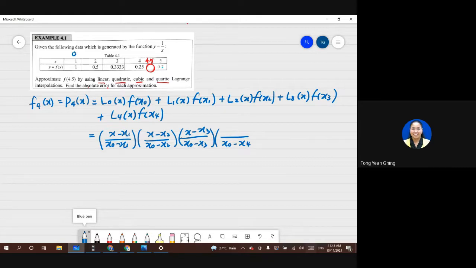This one will be at 0, 1, 2, 3, 4. So totally we got 4 until 4. So times value of f(x0).